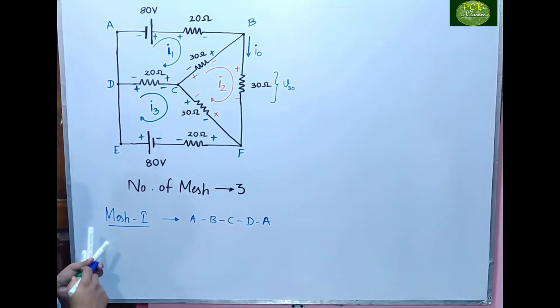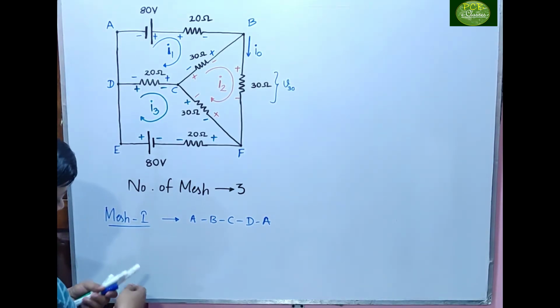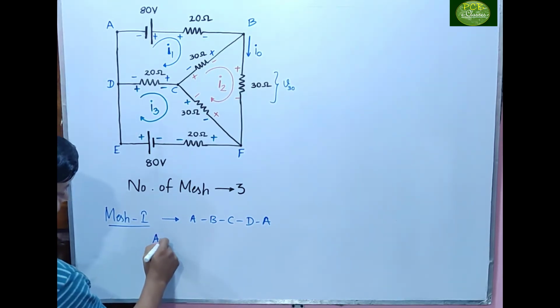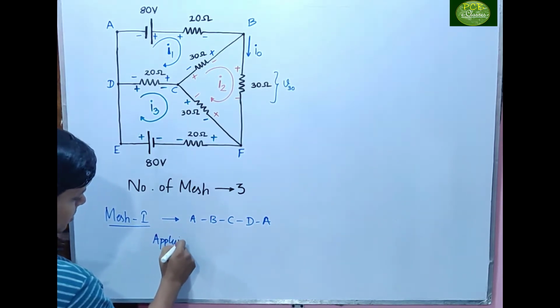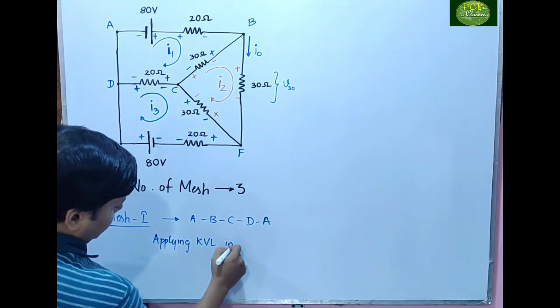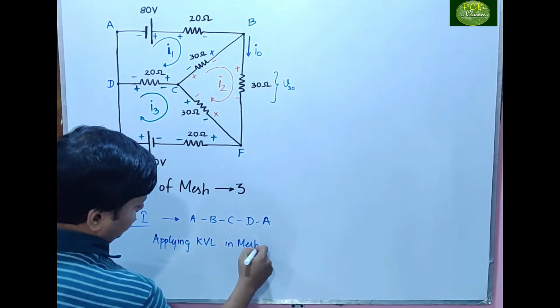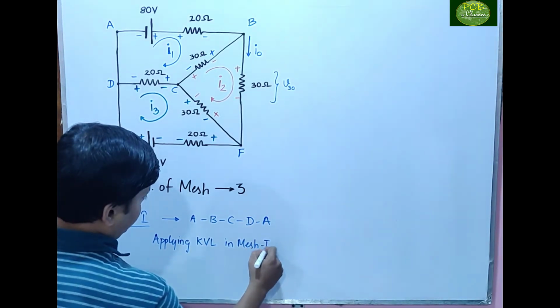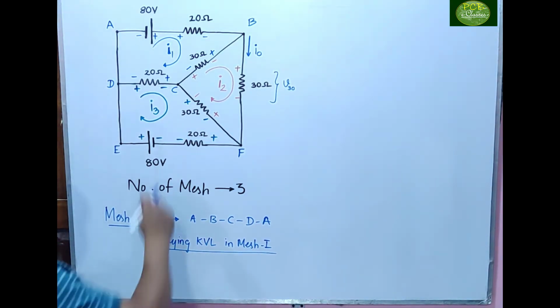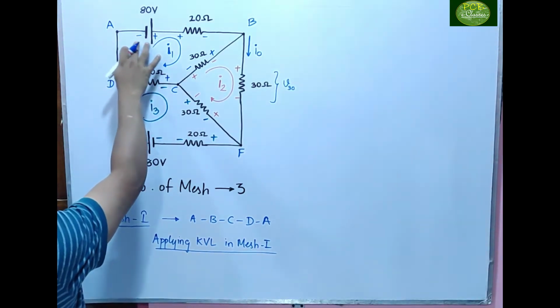So what I will do is apply KVL. Applying KVL in mesh 1. Now let us write down where it enters.